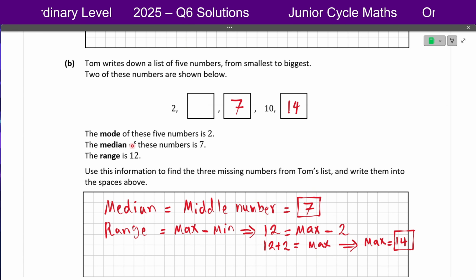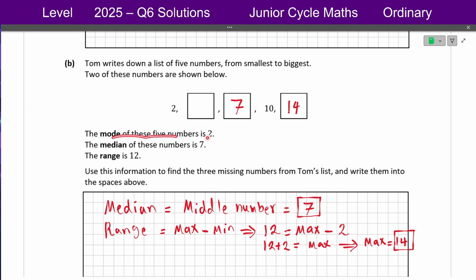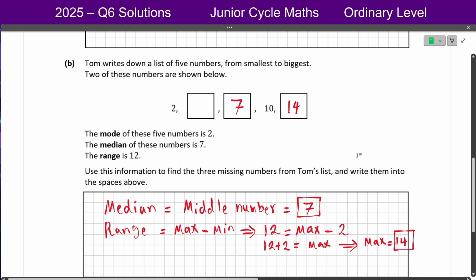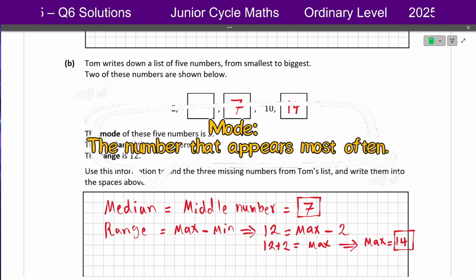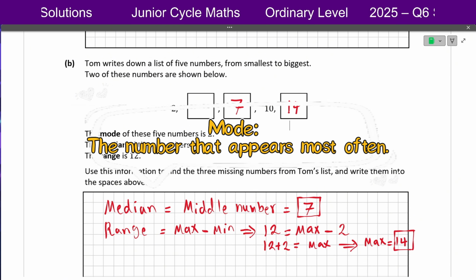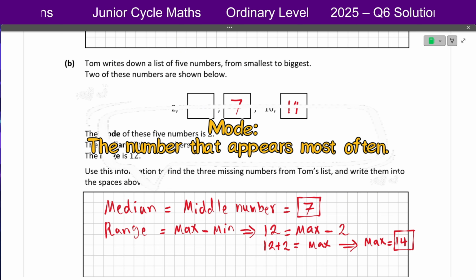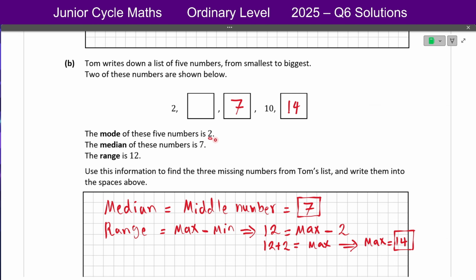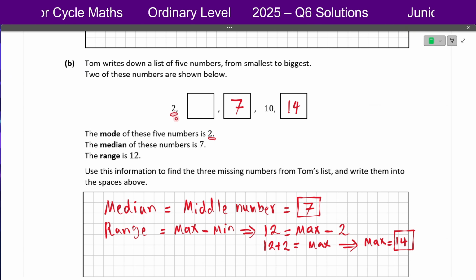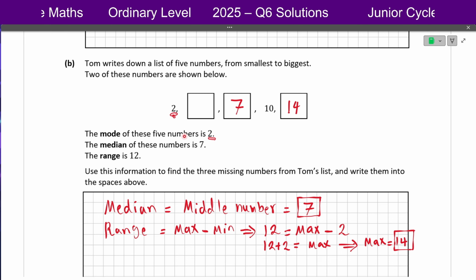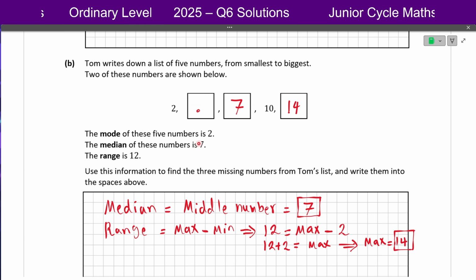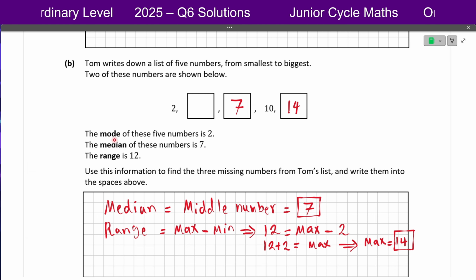It says the mode of these 5 numbers is 2. As you know, the mode represents the number that appears most often in the list. Since the 2 is already in the list, this number has to be 2 in order for 2 to be the mode of the list.